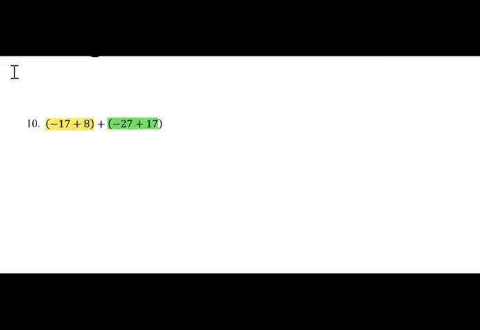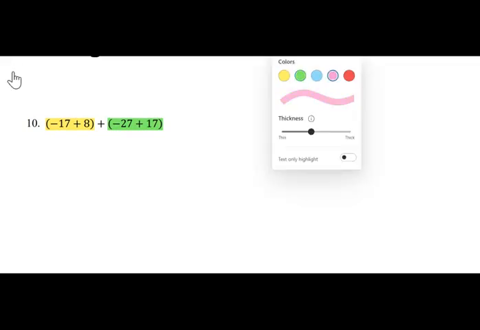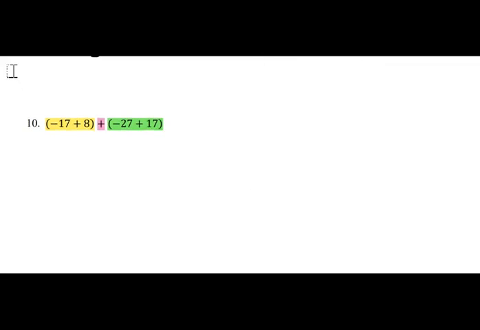Then we're going to look at the second parentheses, and then we're going to add them together. So again, first, the first group, negative 17 plus 8. The second step is going to be negative 27 plus 17. And then we're going to look at these two results and add them together.